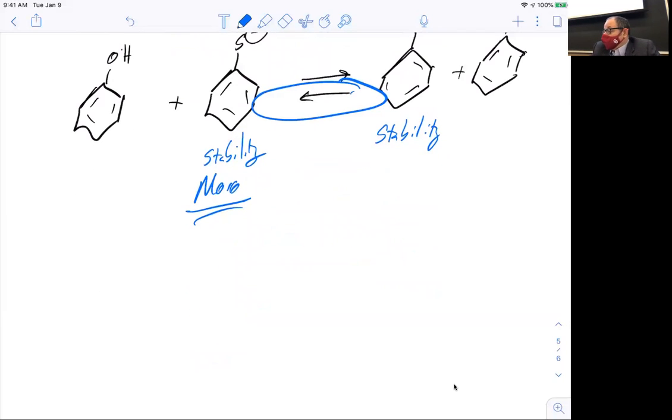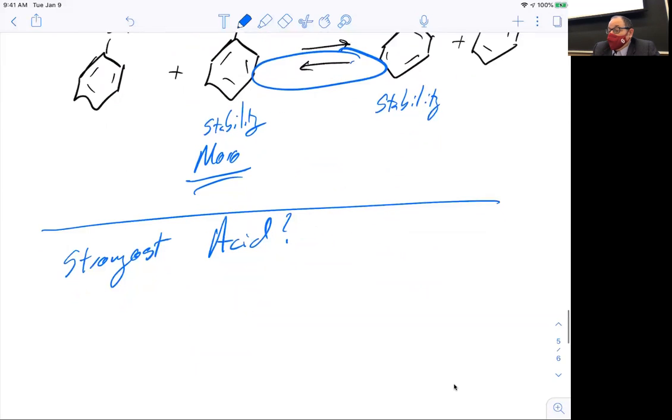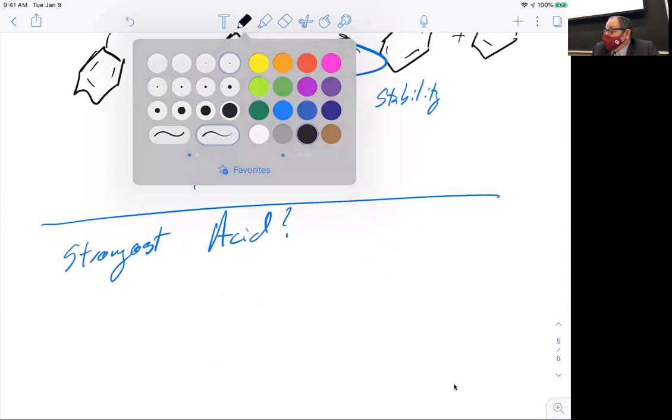Okay, let's look at acid strengths. Which one of these is the strongest acid?